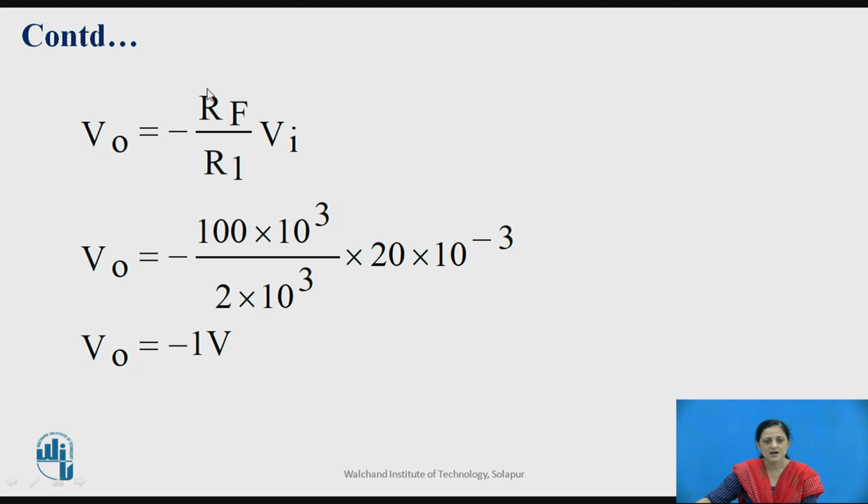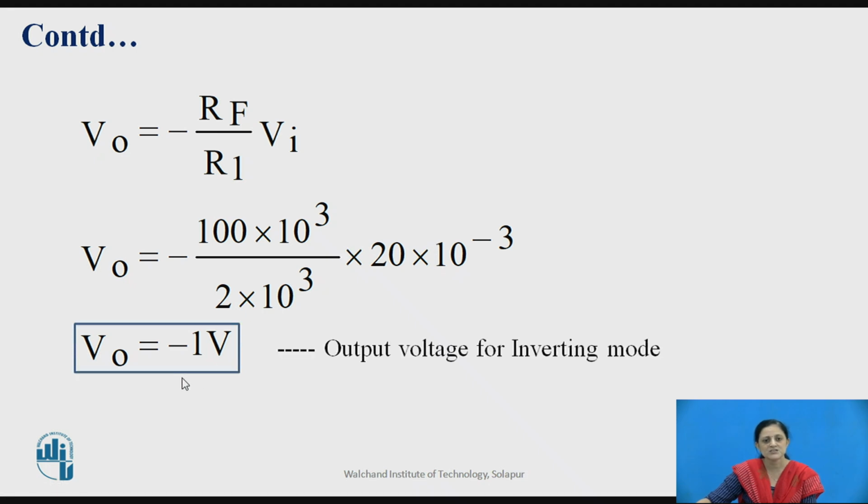The RF value is given as 100 kilo ohm, whereas R1 is 2 kilo ohm. Put these values in this equation, with Vi equal to 20 millivolt applied. By solving this equation, you get Vout equal to minus 1 volt. So this is the output voltage for inverting mode. As you observe, this output voltage is negative. The input is applied to the inverting terminal, therefore the output is inverted with respect to the input signal.